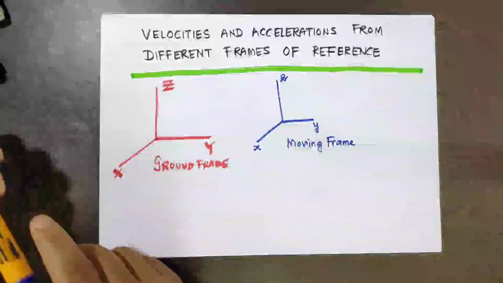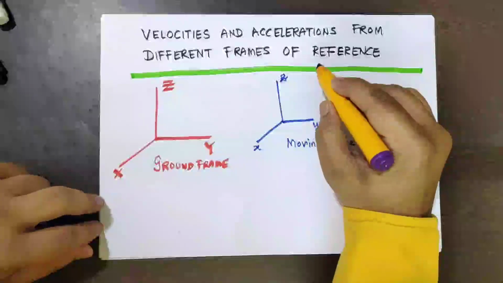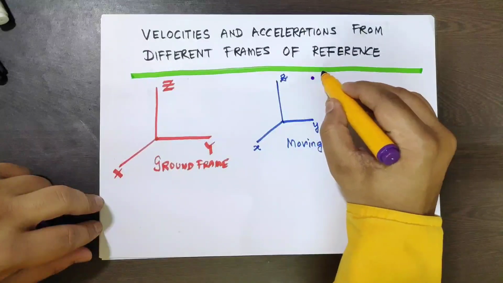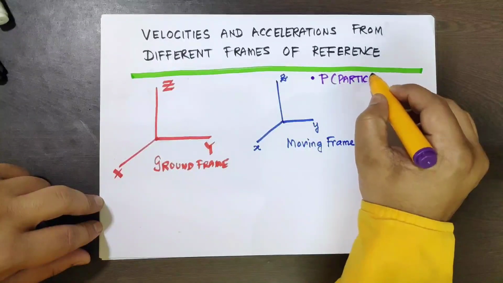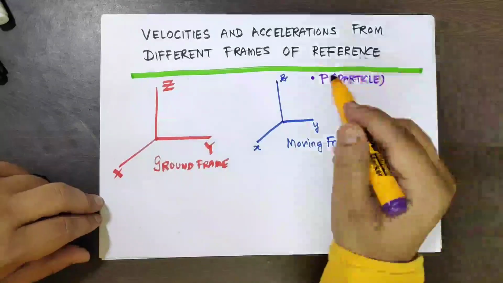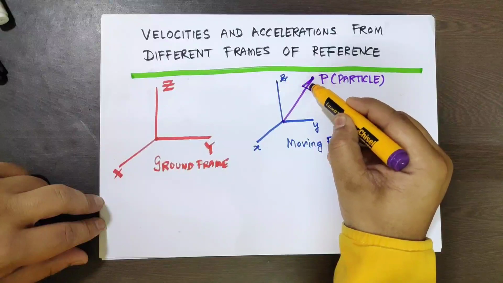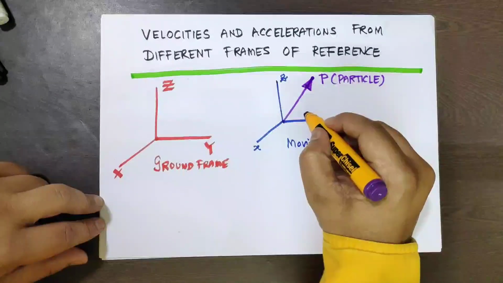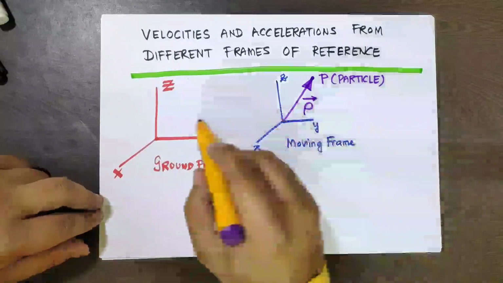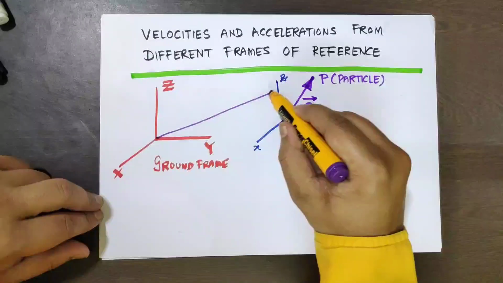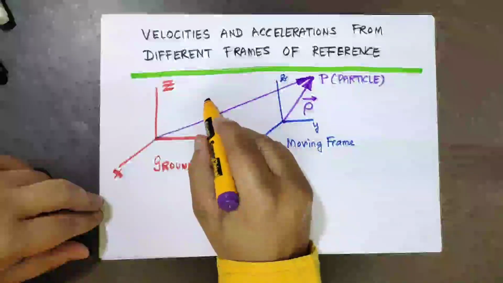And we will consider a particle P here, whose position vector from the moving frame will be rho, and from the ground frame, the position vector of this particle will be r.